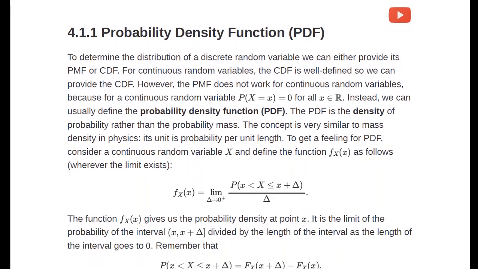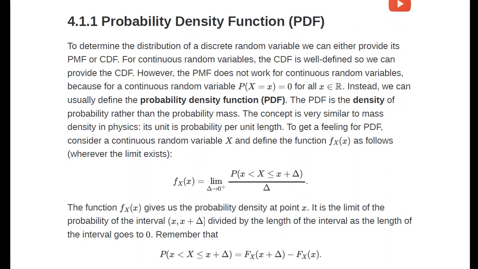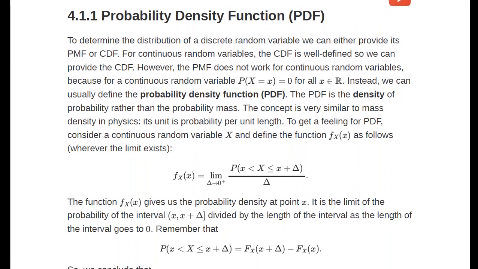The probability density function for continuous random variables. To determine the distribution of a discrete random variable, we can either provide its probability function or cumulative distribution function.